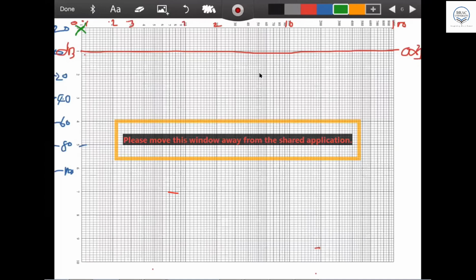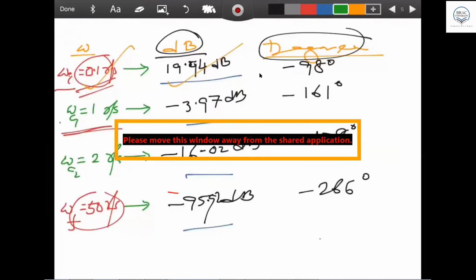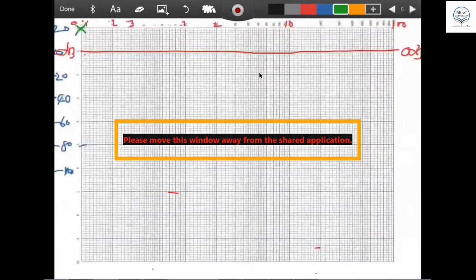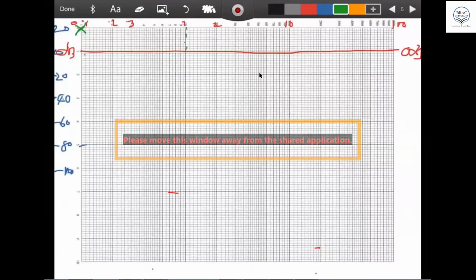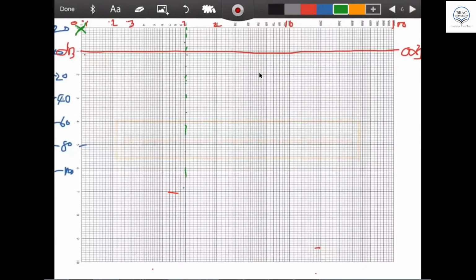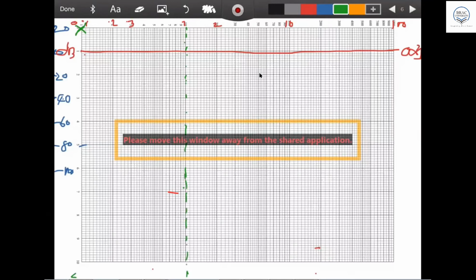Then go to the next point. The next point is 1 and minus 4. 3.97 is approximately 4. So 1 and minus 4: 1 is here, this is the one frequency line. This is 0.1, this is 1.